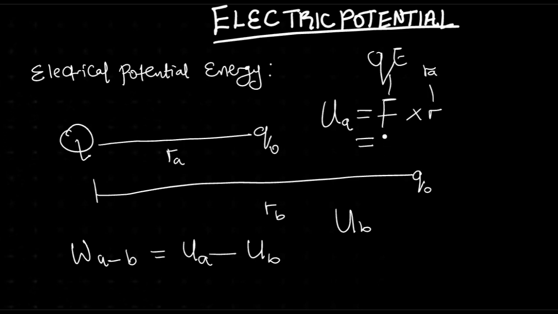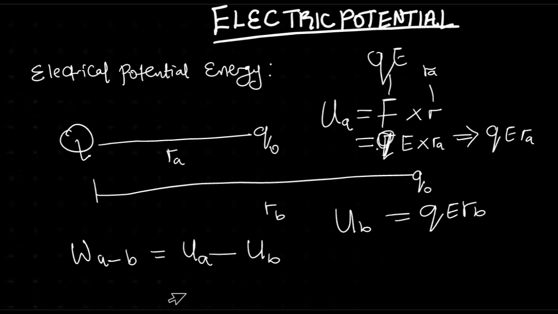So when we substitute in here, we have qE times r_A, or qE r_A. Same thing for this guy. This guy will be qE r_B.